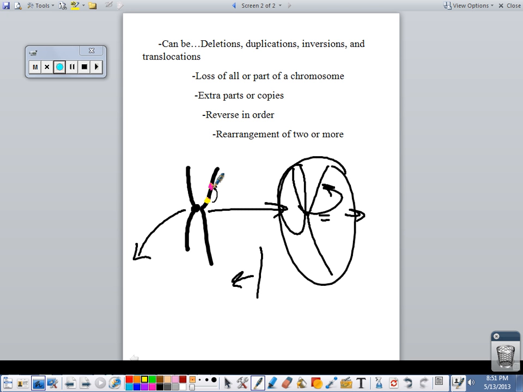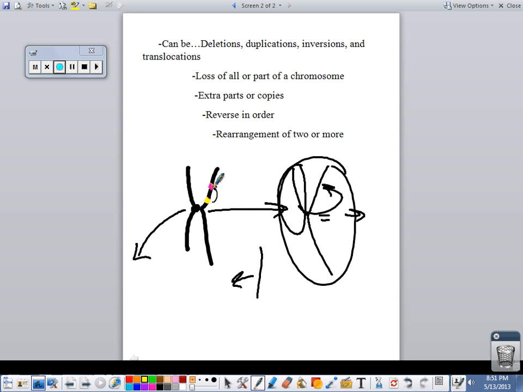All of these often result in conditions that are lethal, that end up in the organism dying, if it becomes a gamete and then produces offspring.